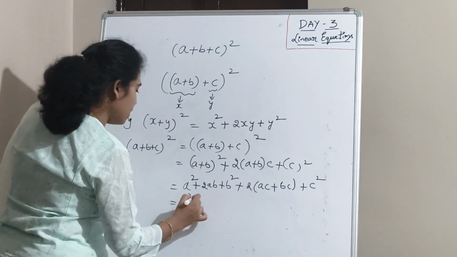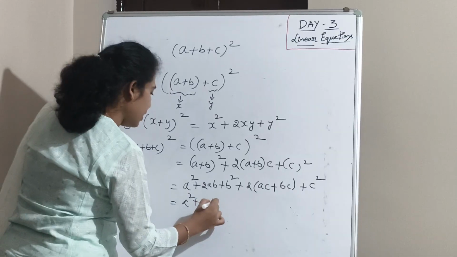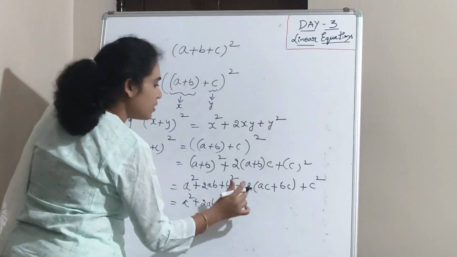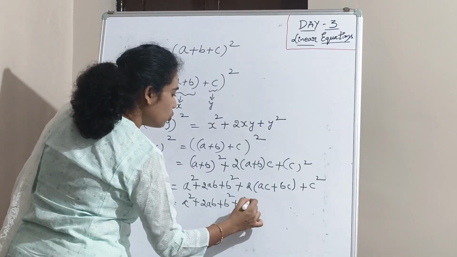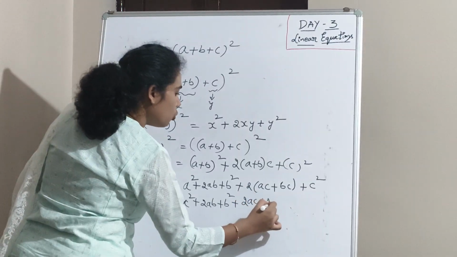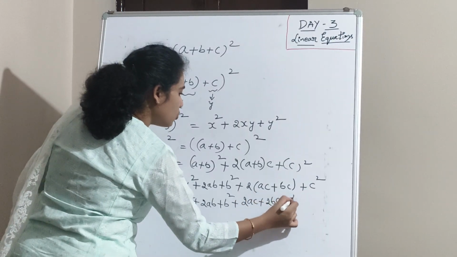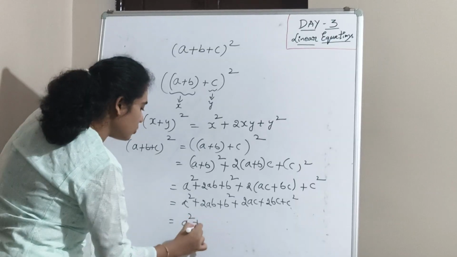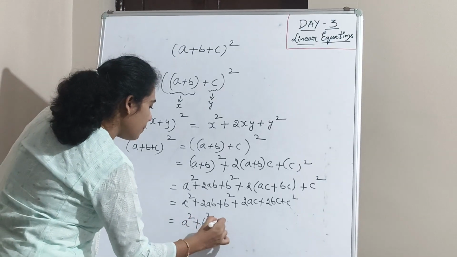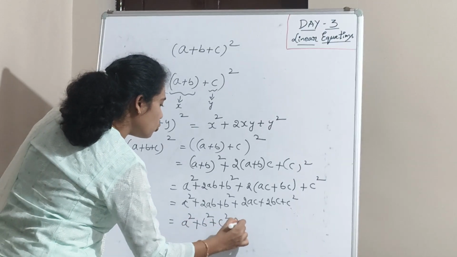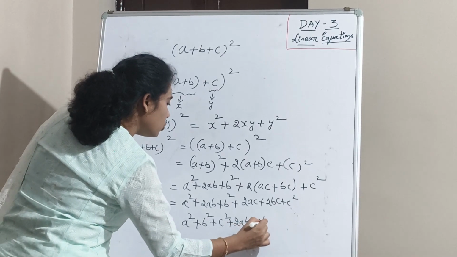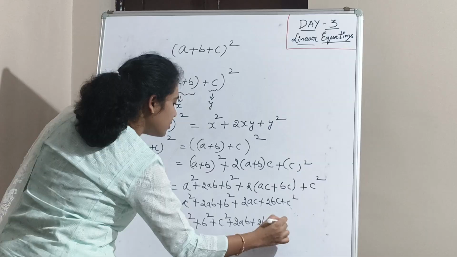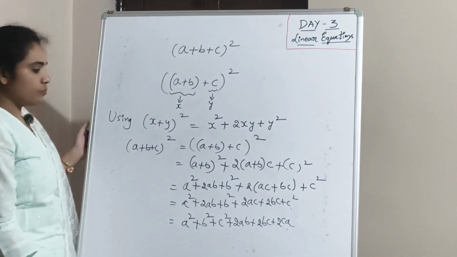This is equal to a square plus 2ab plus b square plus 2 multiplied with ac is 2ac plus 2bc plus c square. So we can write this as a square plus b square plus c square plus 2ab plus 2bc plus 2ca.